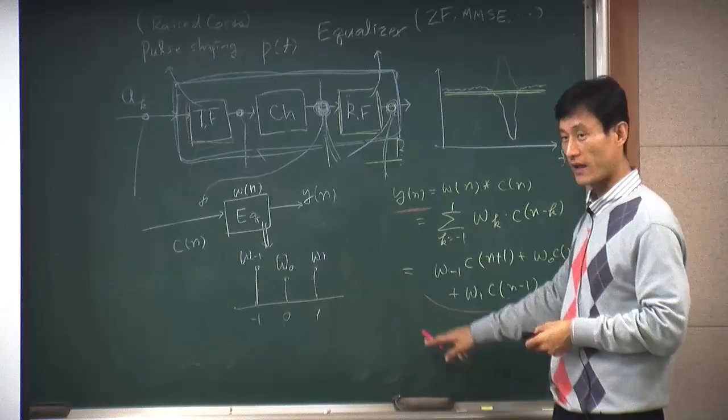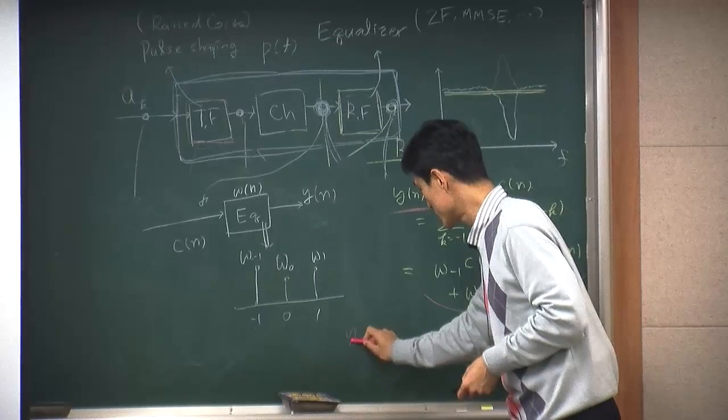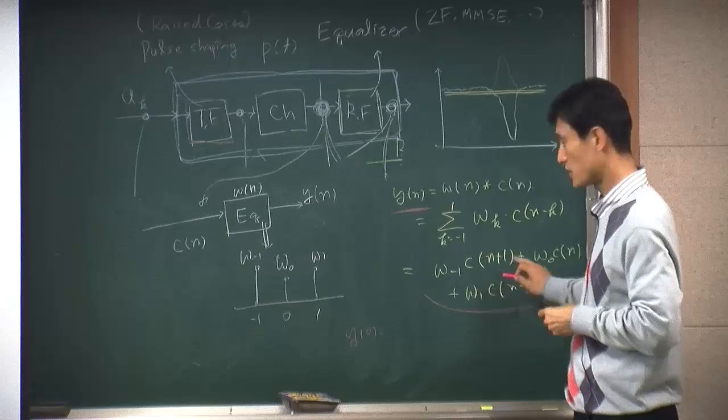Since n can be anything, n is a sample number, so let's see that y0, you can put n equal to 0 here.